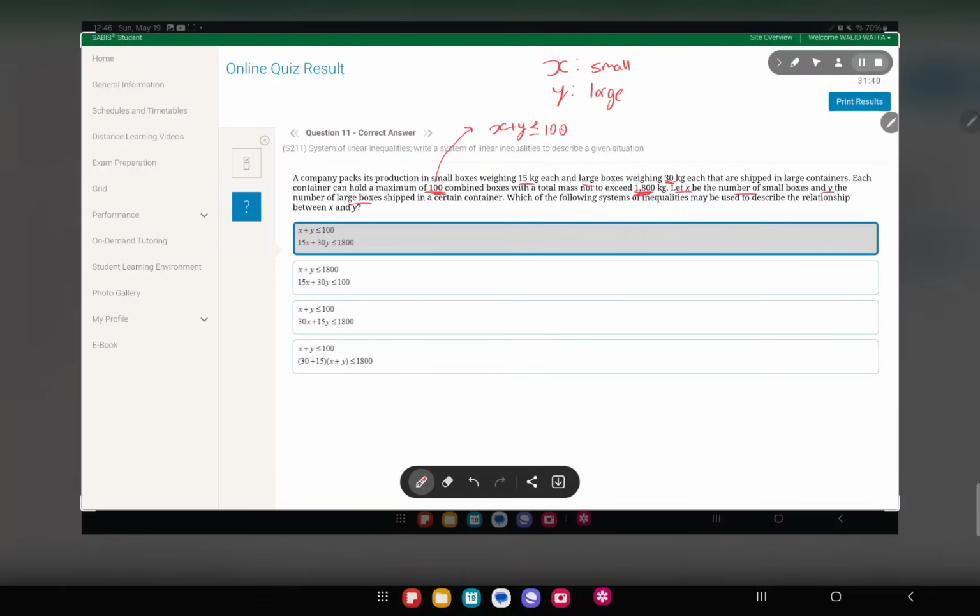They said the weight cannot exceed 1,800. What's the weight of each small box? 15. So we could say 15 times each small box x, plus 30 times each large box y. It has to be less than or equal to 1,800. So these are my two conditions, this and this.